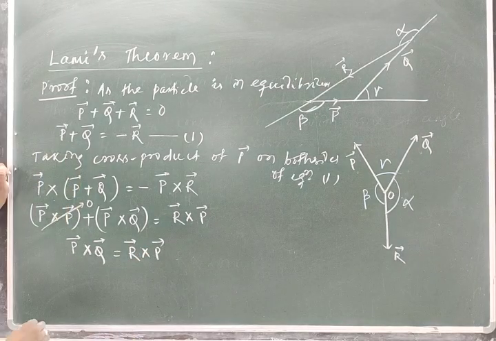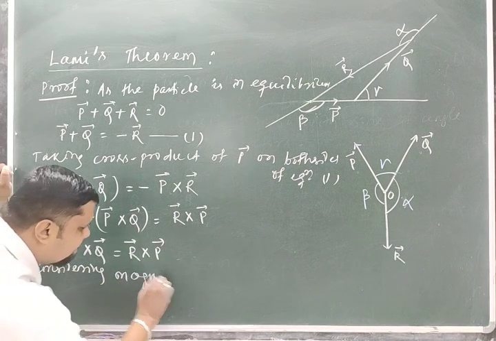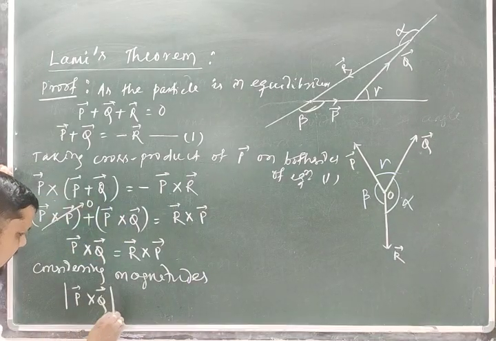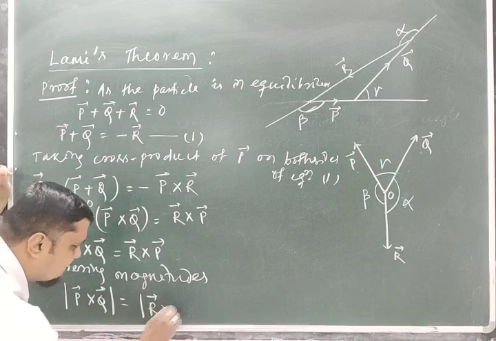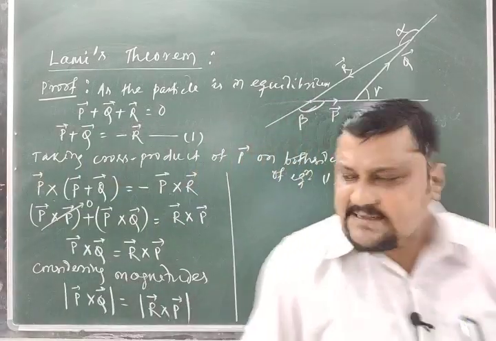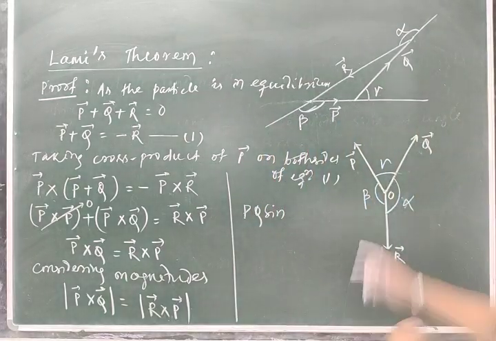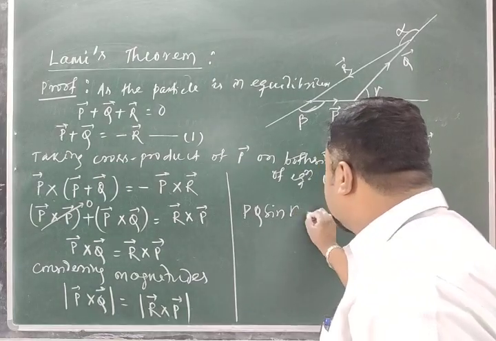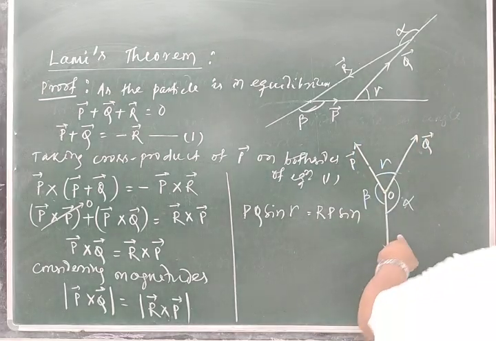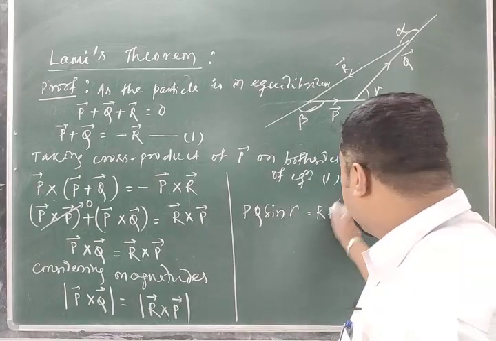Considering magnitudes, what will you get? The magnitude of P cross Q is equal to the magnitude of R cross P. The magnitude of P cross Q means P Q sine of the angle between P and Q, which is gamma. This is equal to R P sine of the angle between R and P, which is beta. Now P and P can cancel.